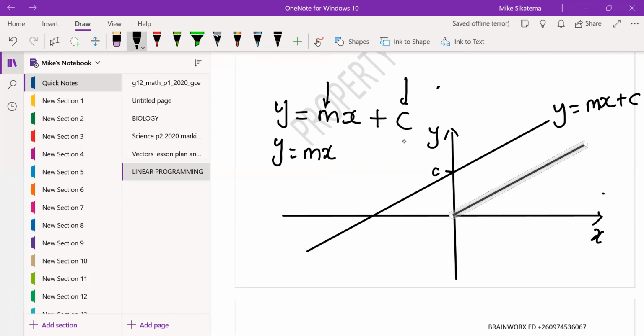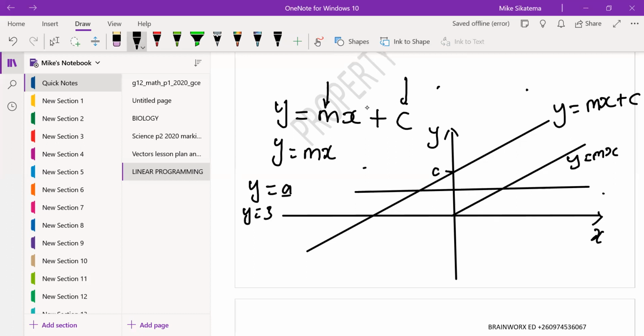The other line that you're going to encounter is y equals a. This line y equals a is a line that's parallel to the x-axis. So for example, if they say y equals 3, then 3 will be there, so this will be the line y equals 3.